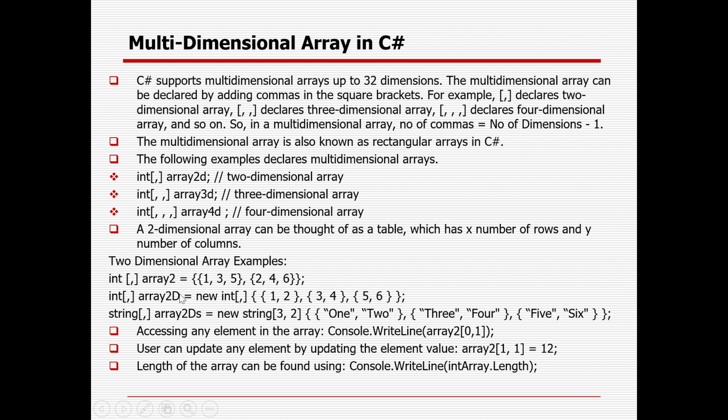There are a couple of ways you can define a two-dimensional array. Data type, then square brackets, comma, array name, and within curly brackets you can define the first row, then again a comma, and another curly bracket for the next row, and you can close it.